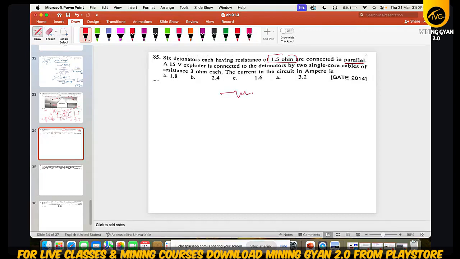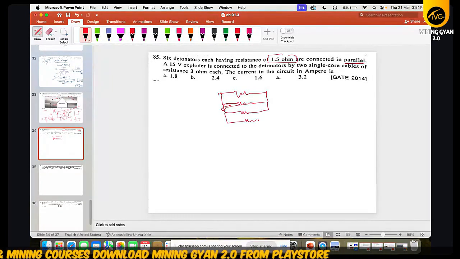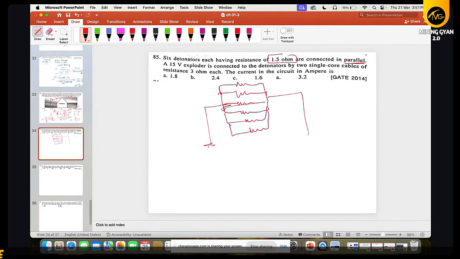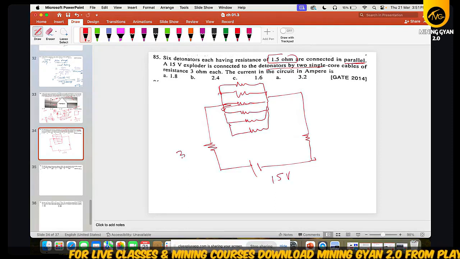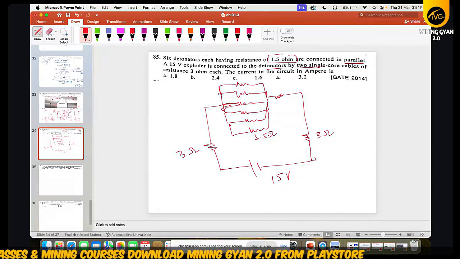So this will be your parallel. 6 detonators they have provided, and two resistance detonator, 2 single core cables. And voltage 15 volt का है ना. और ये 3 ओम का है, ये भी 3 ओम का है, this is the 1.5 ohm, 6 रेजिस्टेंस. सो हाउ यू विल सोल्व?